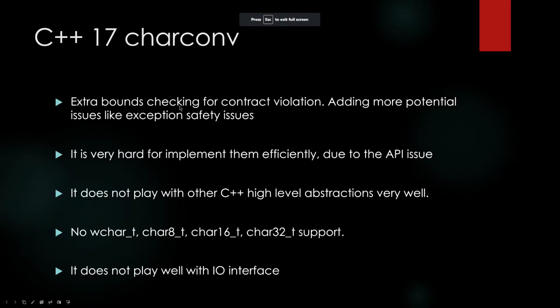Same story happens with C++17 format. The extra bound checking, just contract violation, right? You add more potential issues like exception safety, because when you deal with errors, you go through exceptions, and you have potential bound checking issues. Even with error codes, you might have similar exception safety issues, like you might do a double free in the code path, for example.